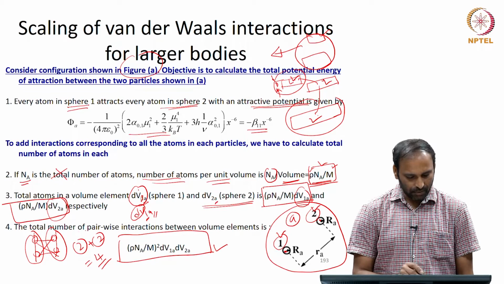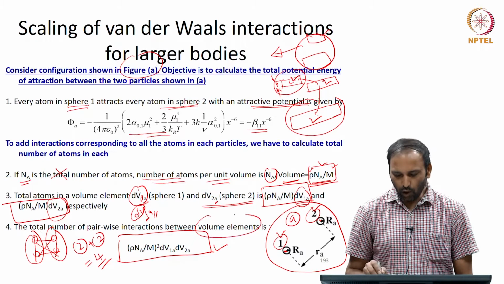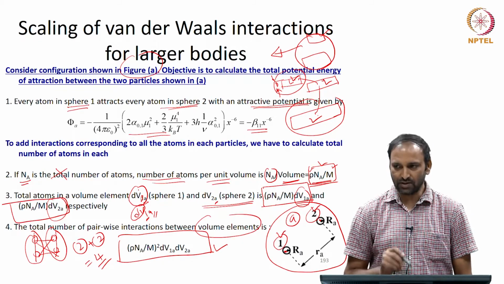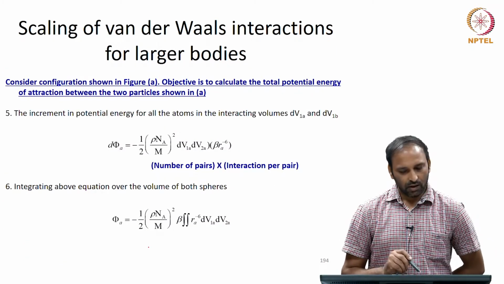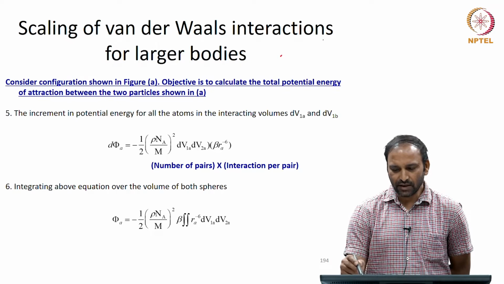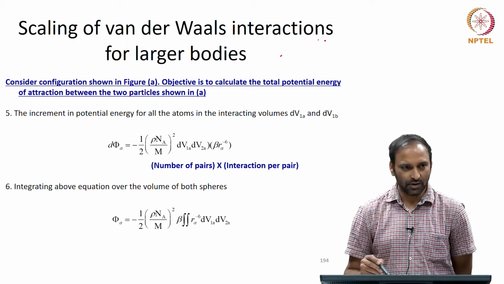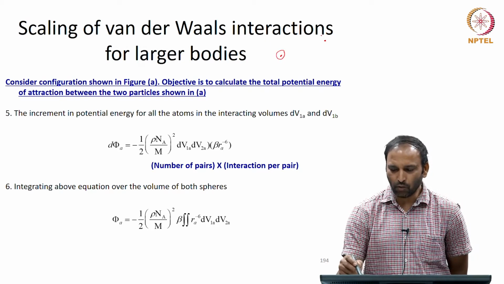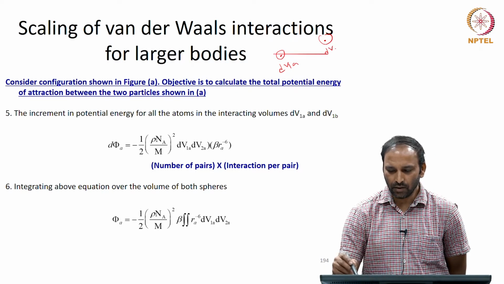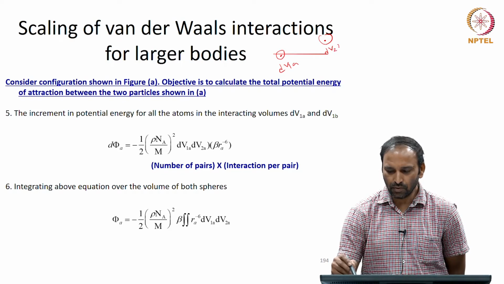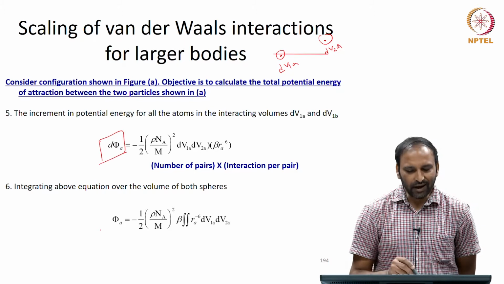Therefore, the total number of pairwise interactions between the volume elements that we have considered is this. So, now instead of considering individual atoms or molecules, if I take differential volumes dV1A and dV2A, then I can think about the increment in the interaction.